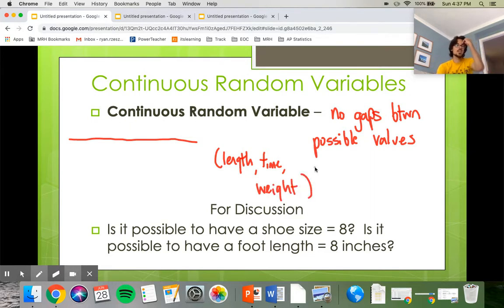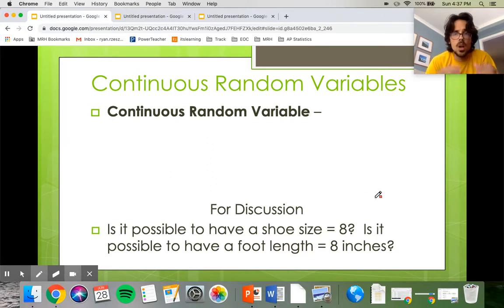All right. So this next thing right here is a little bit confusing, a lot confusing for kids. And it's this idea of a continuous random variable equaling a certain value. So is it possible to have a shoe size that is equal to 8? The answer to that is yeah, absolutely.